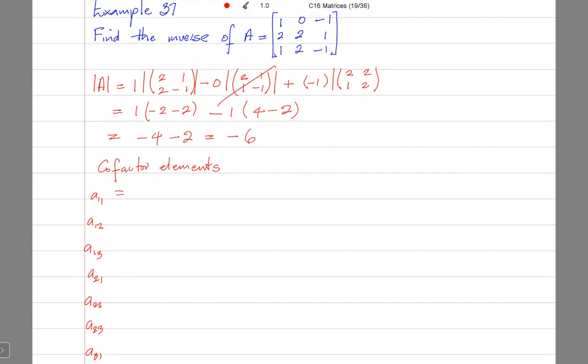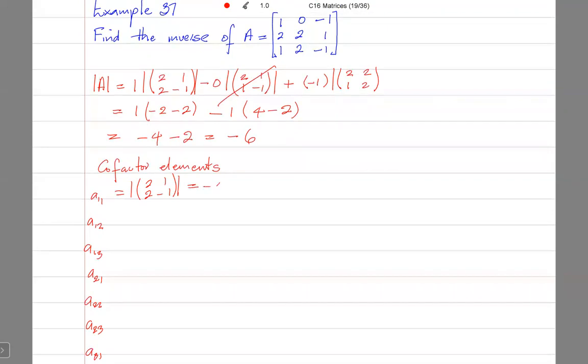All right, so this becomes the determinant of, we actually found this determinant already. The determinant of 2, 2, 1, minus 1, which we found already, and the determinant here was minus 4.